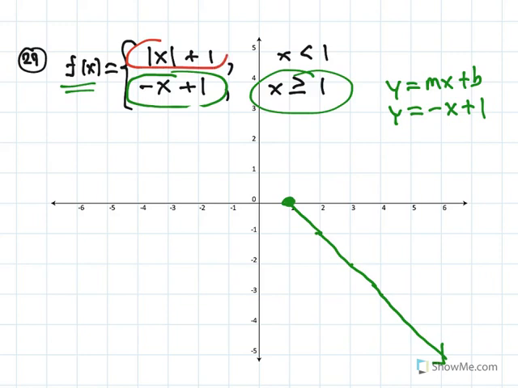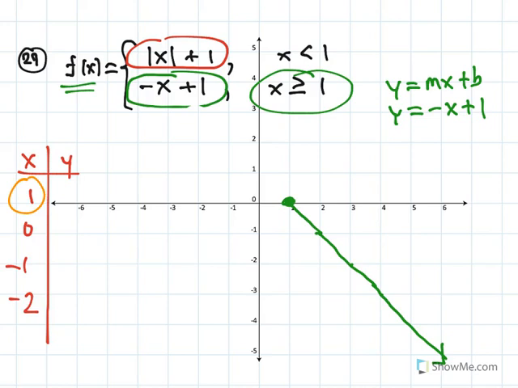So now you need to graph the other piece, and this is for x less than 1. If you'd like, you can make a quick table. Choose values of x that are less than 1. So 1 is not included, but I will have it there. I'll put an open circle there because 1 is not included.